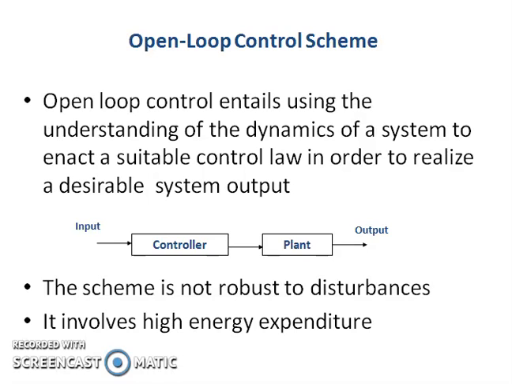The dynamics of the system is reverse engineered, and on the basis of the understanding of these dynamics, a control law is enacted to drive the system. In the event of disturbance, the system produces error, and the scheme is not robust to disturbances, external or even internal. It involves high energy expenditure.